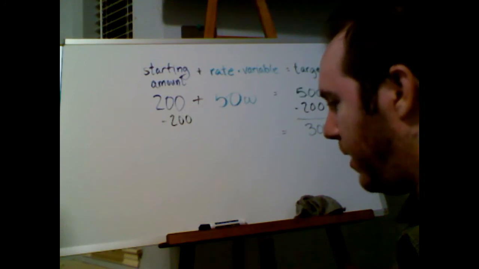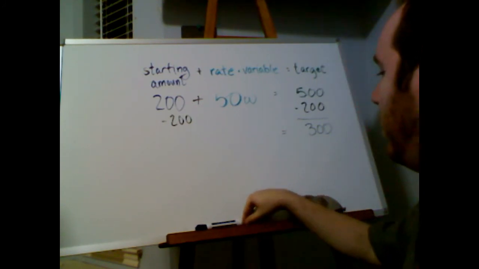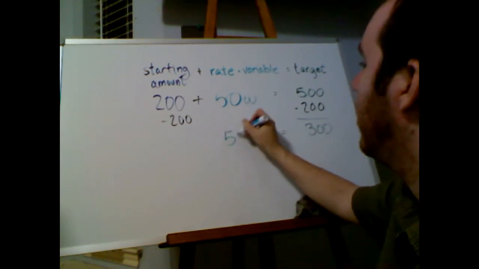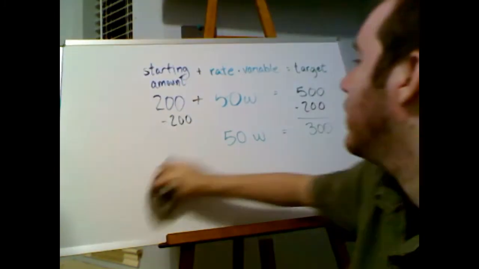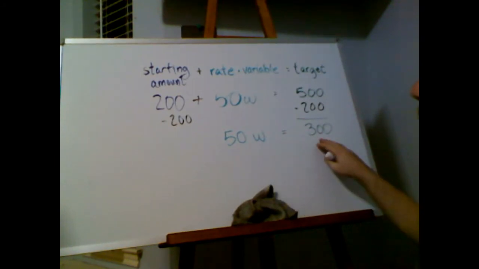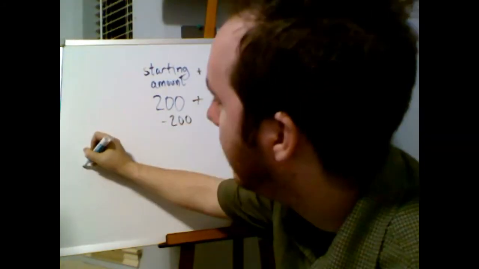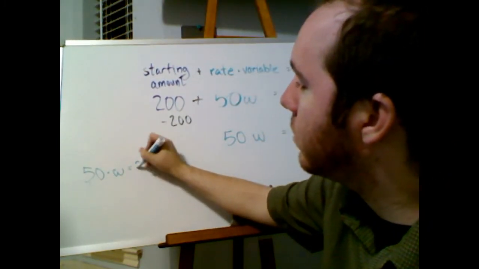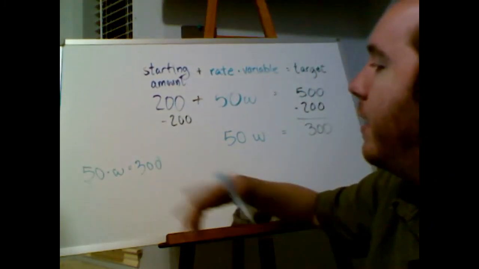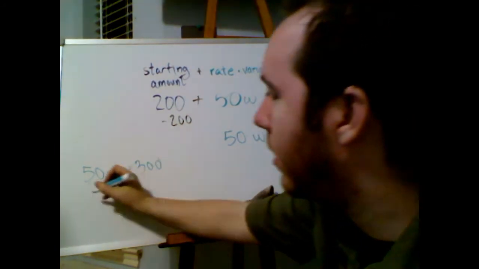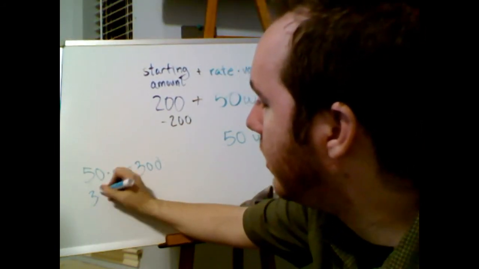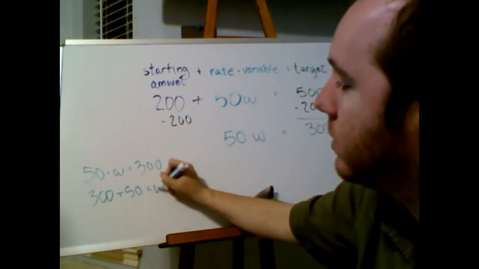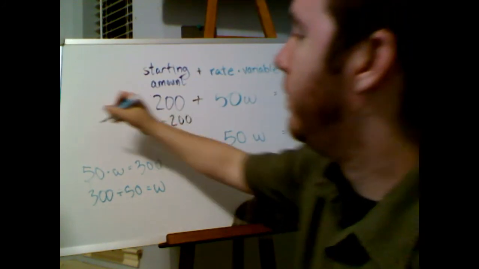So to find how many weeks, if 50 times W equals 300, right? Say 50 times W equals 300, then by the same logic I showed you earlier, 300 divided by 50 equals W. Right?